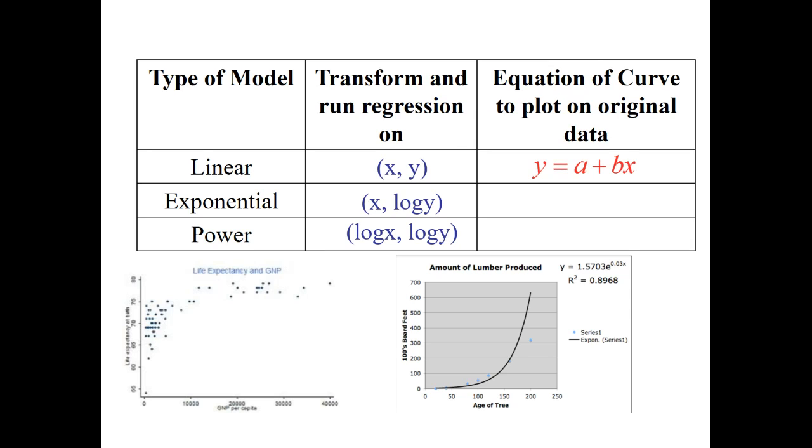Find the equations for linear, y equals a plus bx. If you run an exponential, it becomes y equals 10 to the power of a plus bx, which is why I'm saying y equals 10 to the power of y1. I put that linear equation, a plus bx, into y1. And lastly, power is going to become y equals 10 to the a times x to the b.